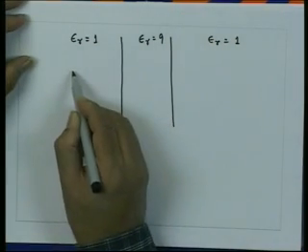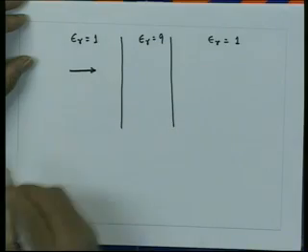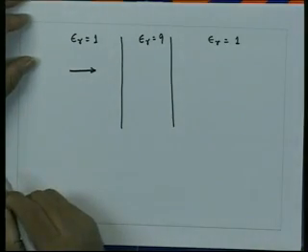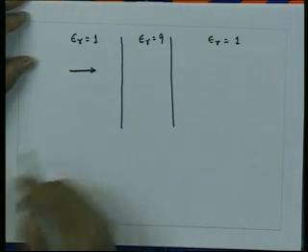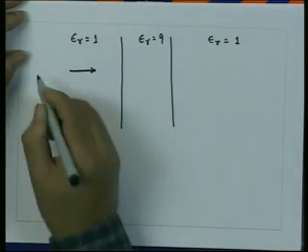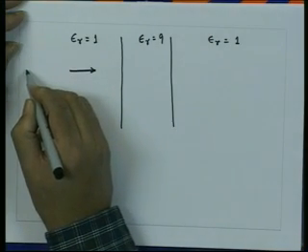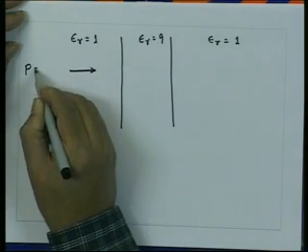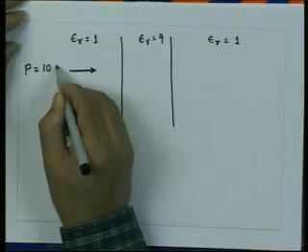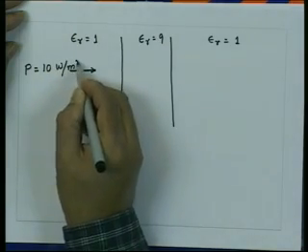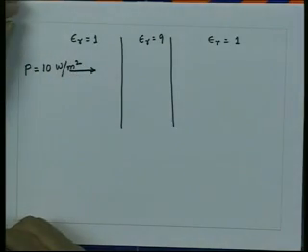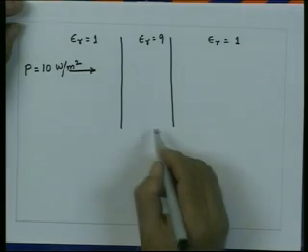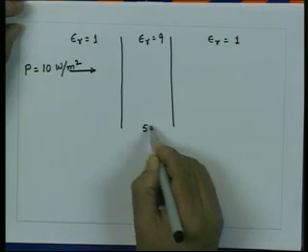Now, the wave is incident from this side, normally incident on the dielectric slab, which has a power density P equal to 10 watts per meter square for this wave, and it has a thickness of 5 centimeter.